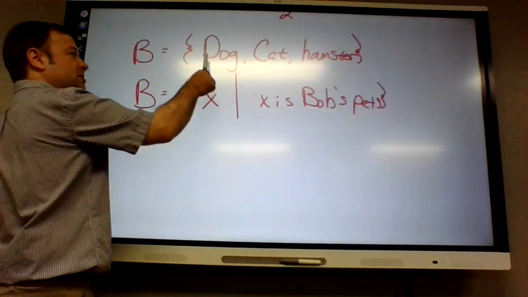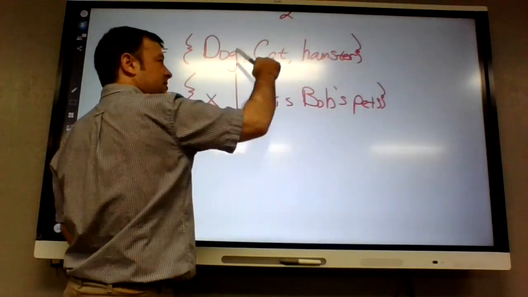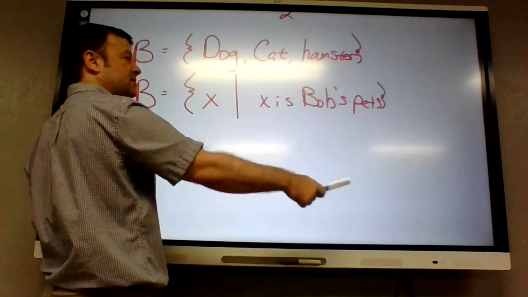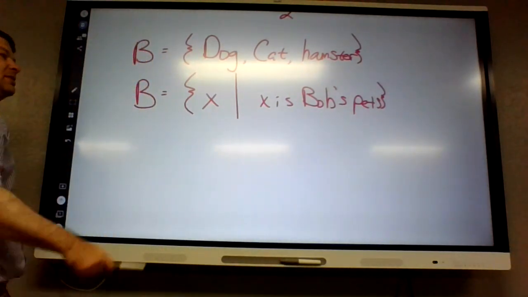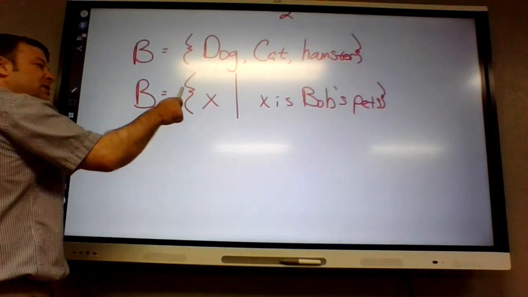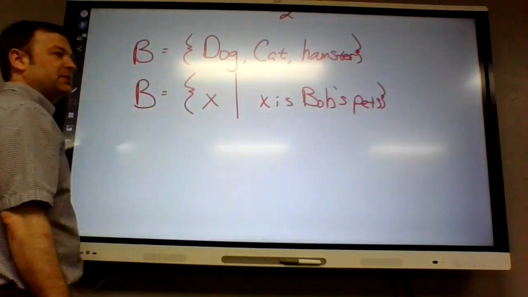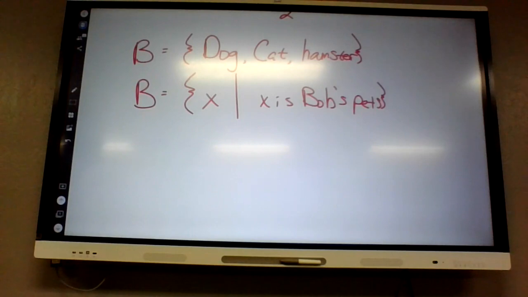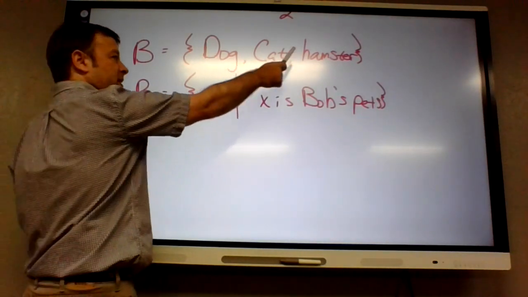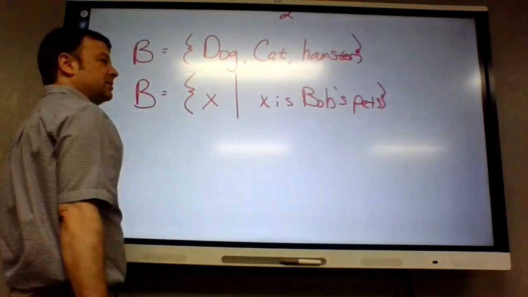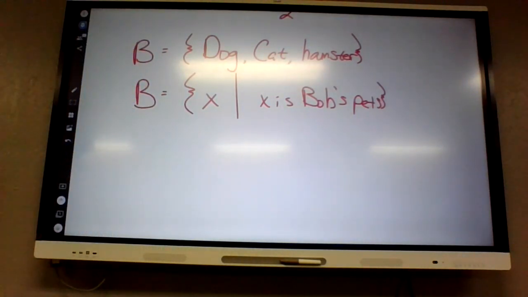So this one kind of specifically says what it is, just lists it out, and this just says generally. What's in set B is X, and then this describes what X is, all Bob's pets. X meaning like the number of pets? No, X would be like dog, cat, hamster. So that's just two different ways of writing the same thing.